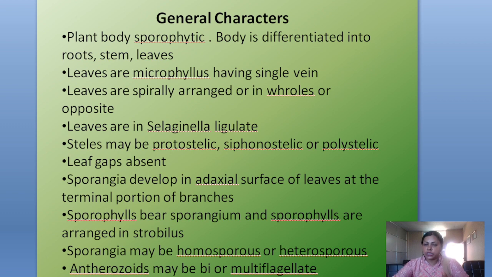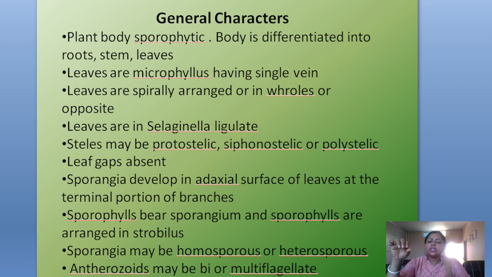Leaf gaps are absent. Then sporangia develop on the adaxial surface of the sporophylls at the terminal portions of the branches. That means at the apex portions or the tip portions of the branches, it bears the sporophylls. Sporophylls bearing sporangia are known, and the sporophylls are arranged in a strobilus.